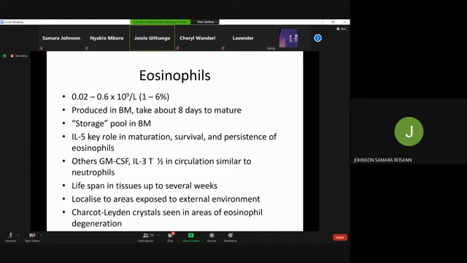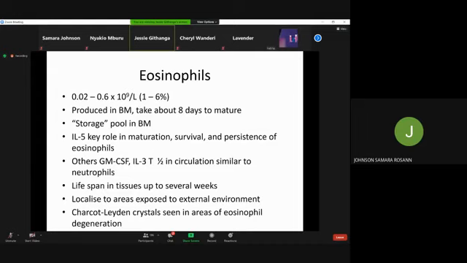Interleukin-5 is a key cytokine in the maturation, survival, and persistence. So these interleukins will also help the survival of these cells where they have been called to go and fight, say, a parasitic infection, and also help them persist in that area where there is that infection.